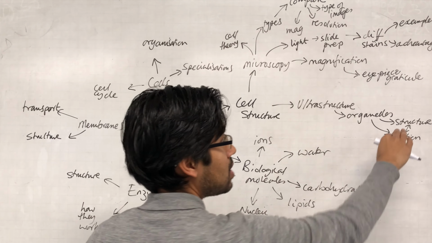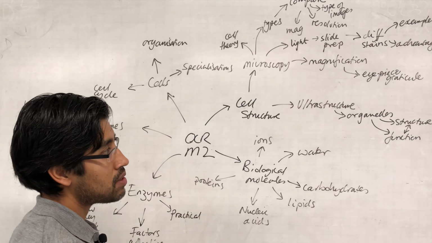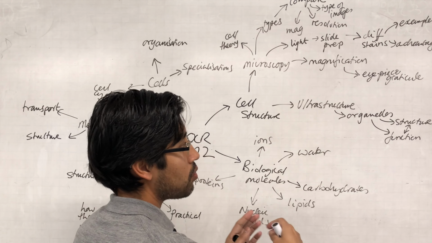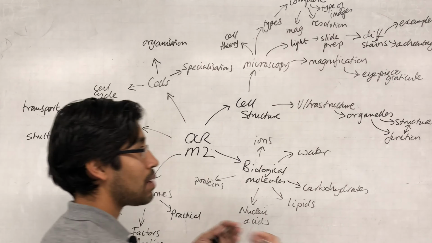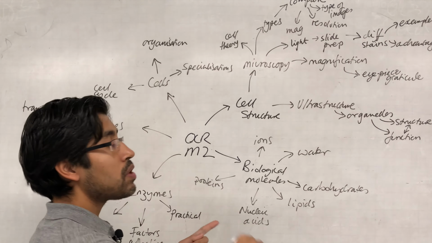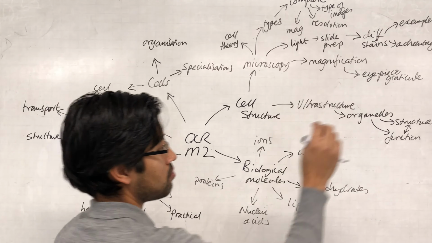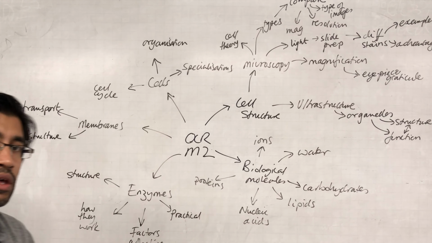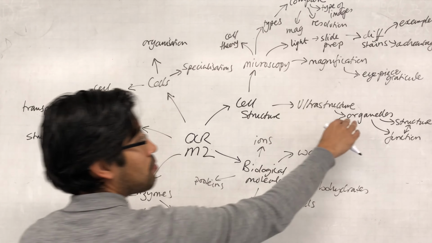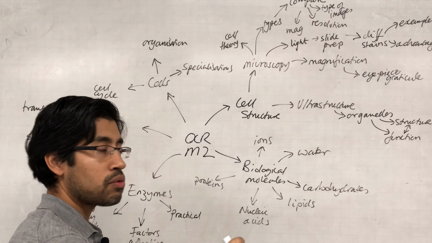And so there we just need to be able to say that it's got a large surface area of all the interconnected membrane sacs that make up the smooth endoplasmic reticulum, but also that the smooth endoplasmic reticulum contains the enzymes required to carry out the lipid metabolism. Okay, so that's how structure relates to function. So you've got to be able to state those two for each of the organelles, but also connect those two up together.